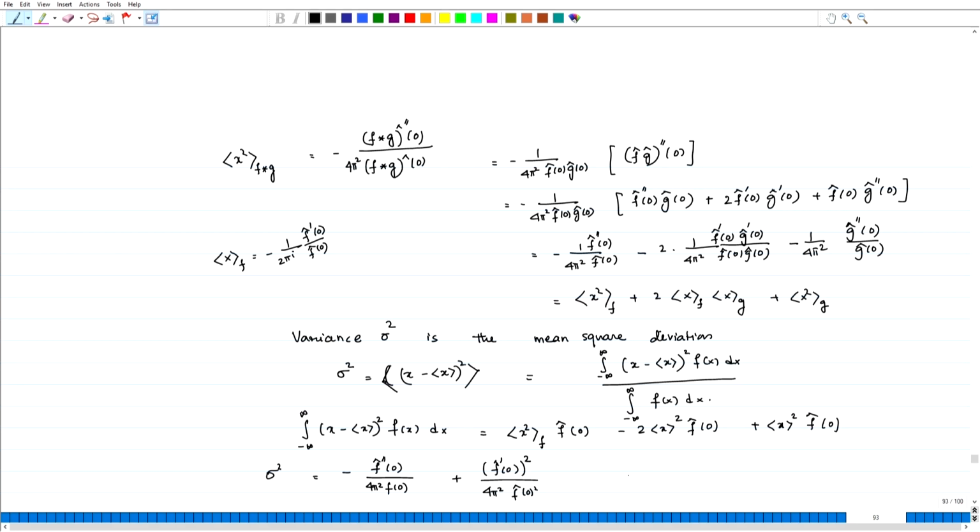Now, when we are writing for f convolution g, sigma square of f convolution g, if we just calculate this, then this is going to be.